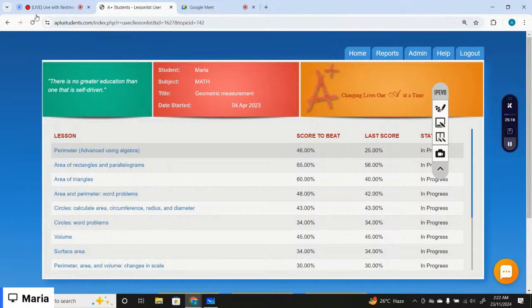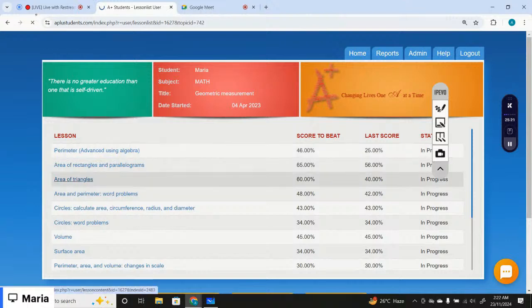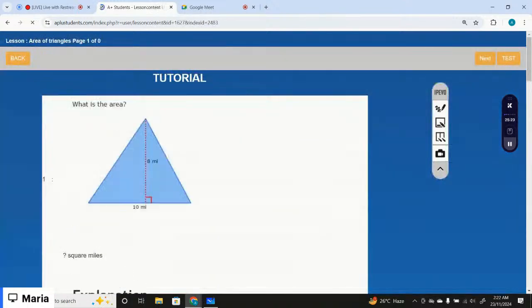Let's just start with the next lesson, that is area of triangles. What is the area? You are given a triangle.